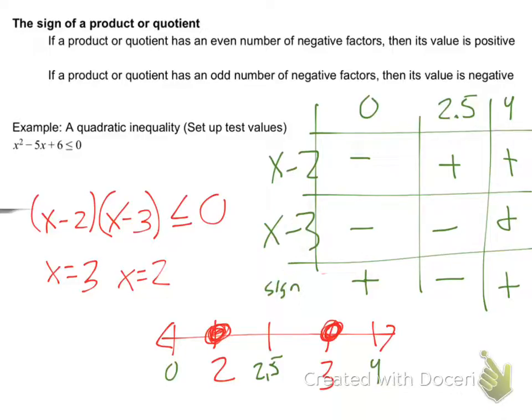It's going to be negative at the 2.5 area, and at 4, it's going to be above. So, which one or more pieces will satisfy the fact that this thing needs to be less than or equal to 0? Where does that happen? In between. So I shade in between.